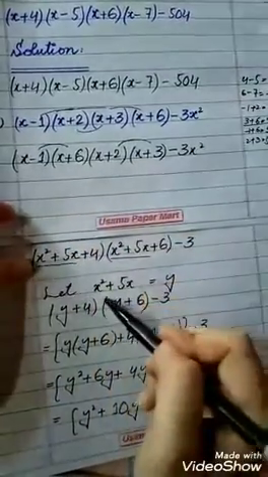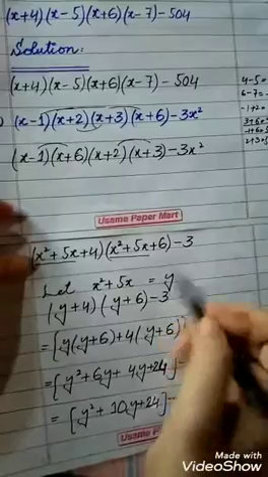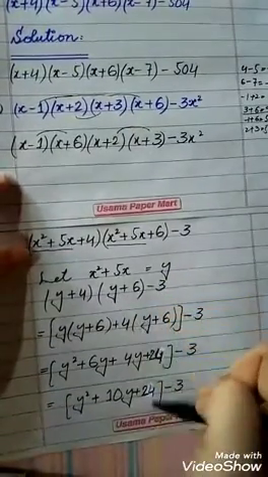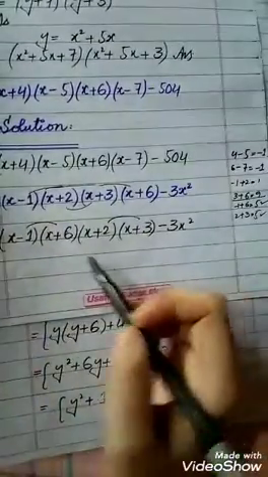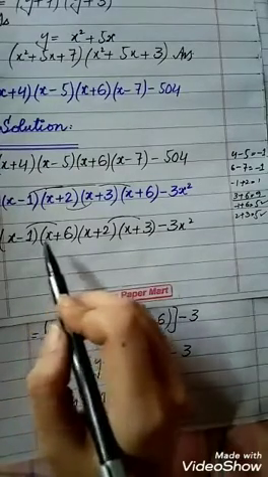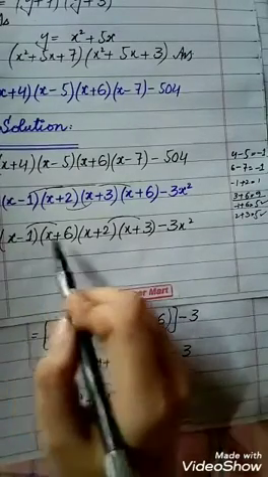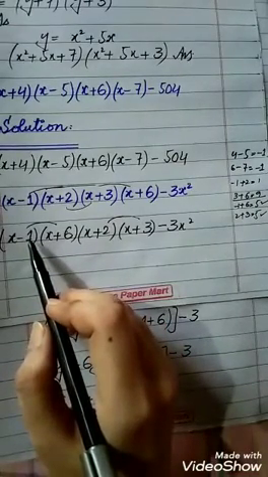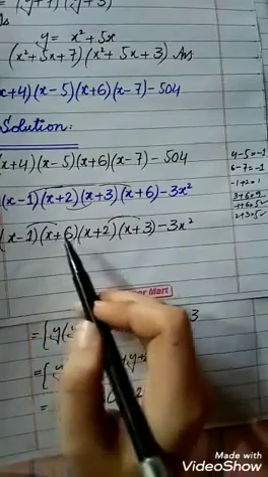Then you let it equal to y or whatever you want. Then proceed with the same procedure and you can get your answer. It's very easy. Just at the start the difference is that we have to take pairs such that if we add or subtract their constants, the result should be equal.